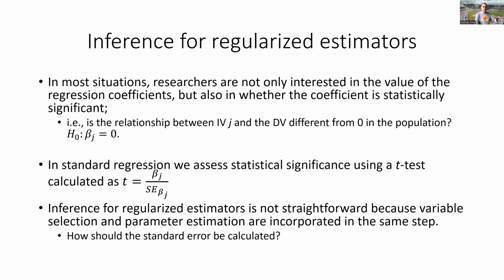We're saying, well, in the population, if I could look at all the possible individuals who could be measured by, in this case, the cognitive ability scale, and then look at the relationship between one of the K-bit scores and the verbal reasoning score that we talked about in the previous discussion. If I could look at all those people, would I find that the relationship between the K-bit and the verbal score is 0 or not?